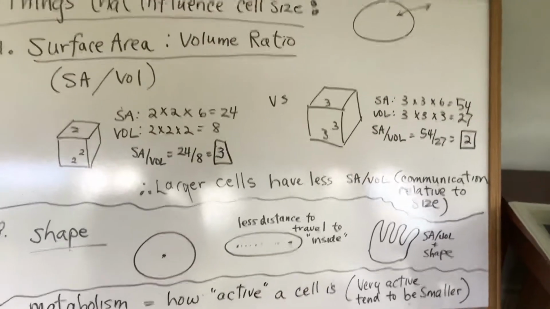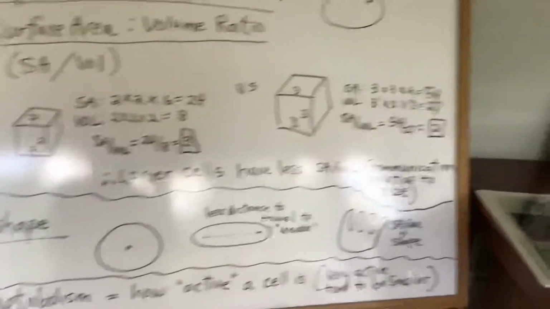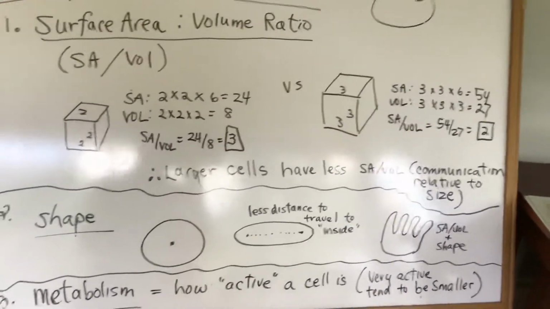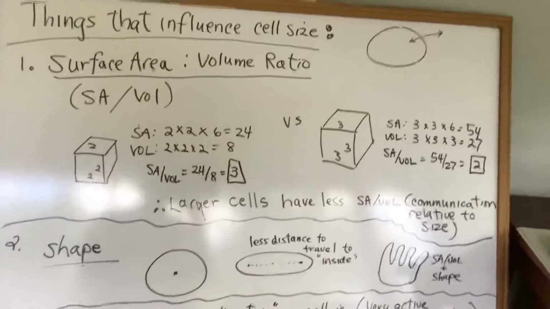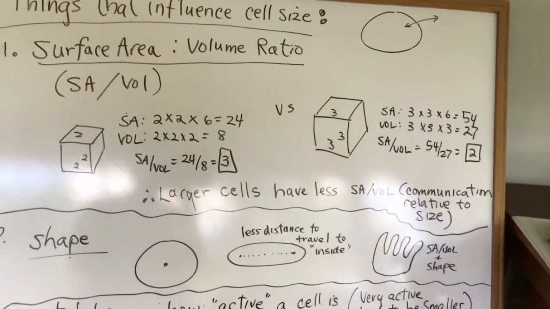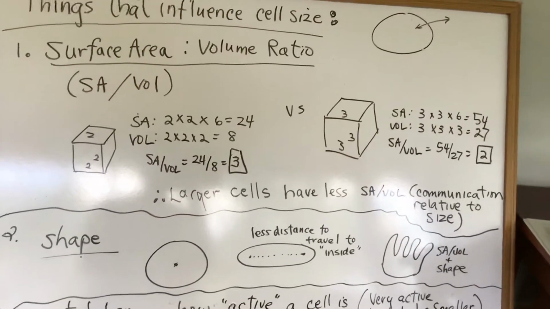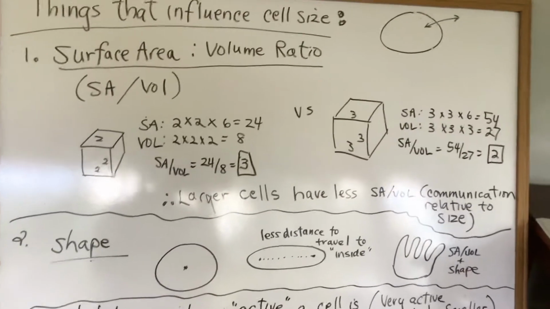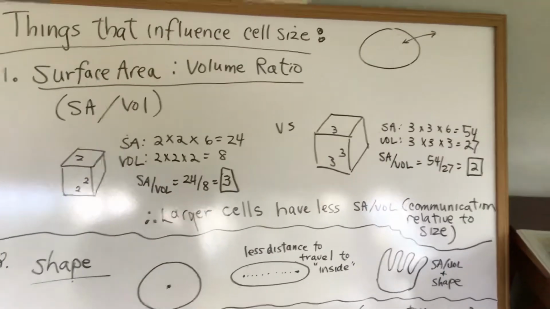In other words, larger cells have less communication with the outside, or another way to think about it is it would be harder for a large cell to get enough things into it and distributed around it than a small cell. So small cells have an easier time with that.